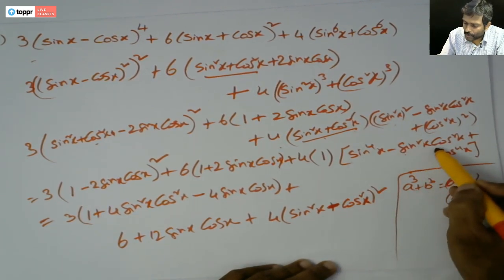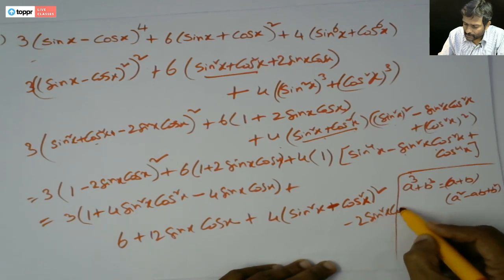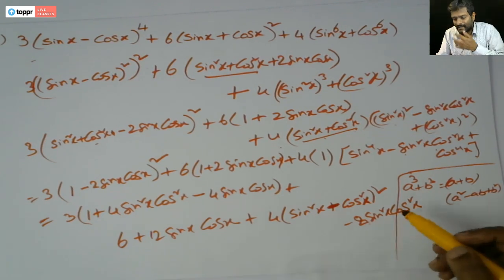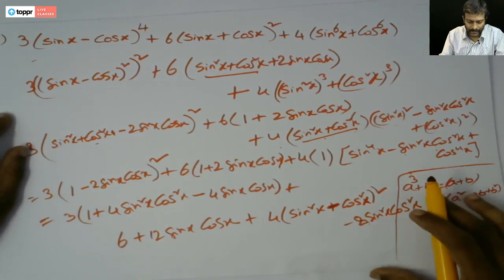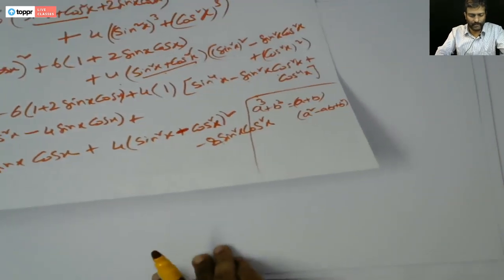Then this is only one time, so I have to subtract one time, minus 2 sine square x cos square x, which you multiply with 4, it will become 8 sine square x cos square x, right?